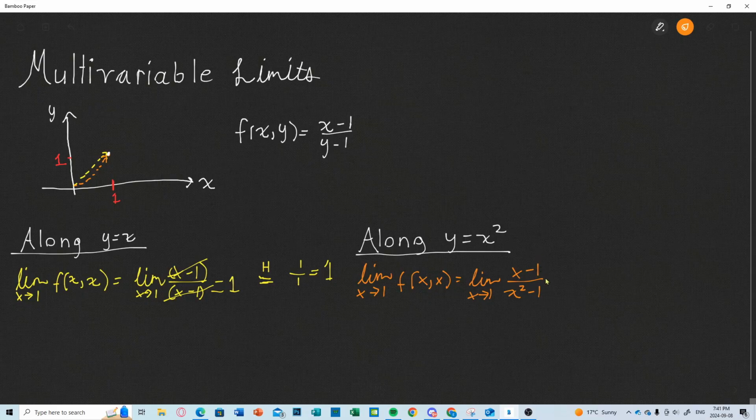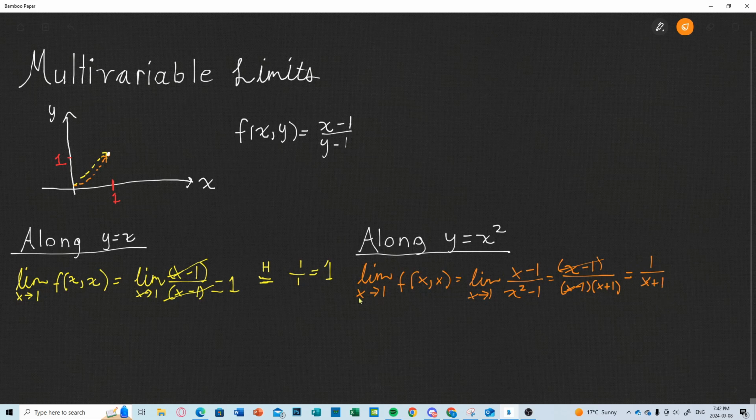Now, there's a couple ways to do it. You could divide everything by x squared, but the way that I like to do it at least, we're going to use difference of squares to make this (x minus 1) times (x plus 1). Now you can cancel these out, and we'll be left with 1 over (x plus 1).